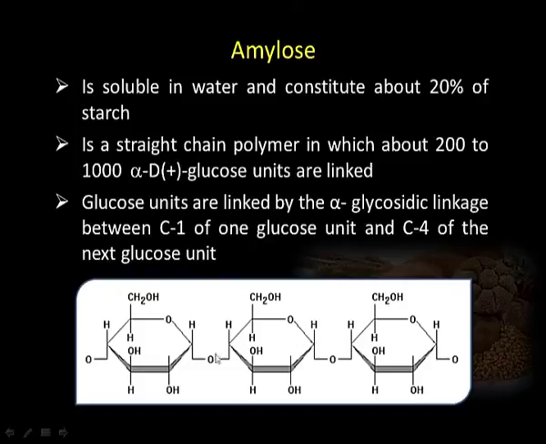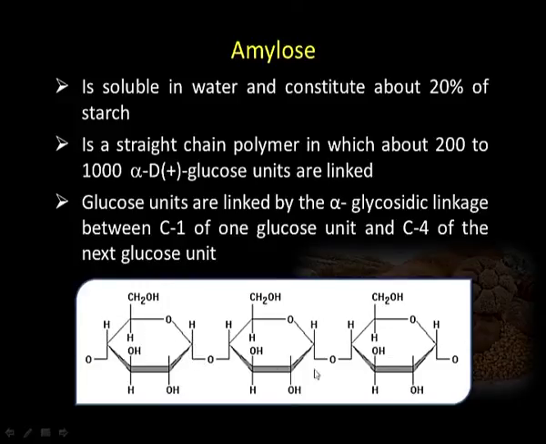This is the linkage. Suppose this is one glucose moiety, its hydroxyl at the anomeric carbon is downward, so it is the alpha anomer which is being used. It is linked to the hydroxyl at carbon number 4 of another glucose moiety, and its hydroxyl at carbon number 4 is linked to the anomeric carbon of another glucose moiety, and here also it is alpha linkage.